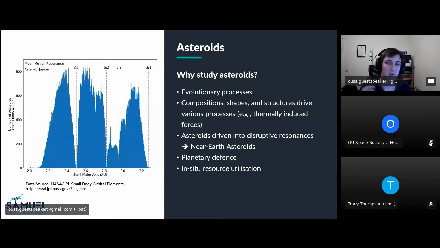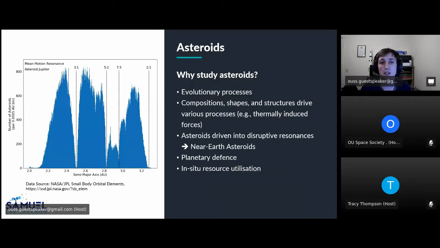This regular gravitational tug that Jupiter exerts can affect the orbit of the asteroid and can fling it into wild orbits and send it careering into the inner solar system. This is where we get what we call the near-Earth asteroids, ones that come close enough to Earth to potentially worry about. And things like the Yarkovsky effect are really important here.